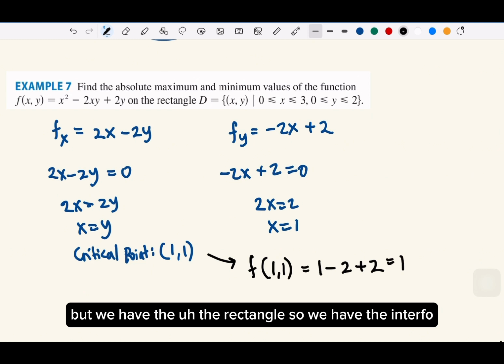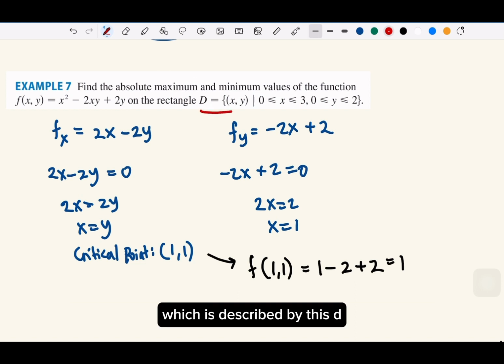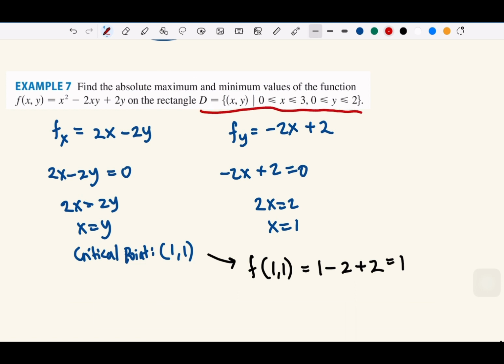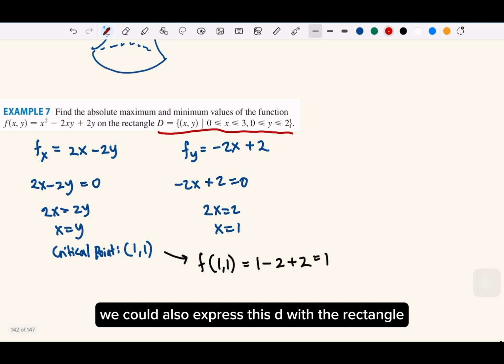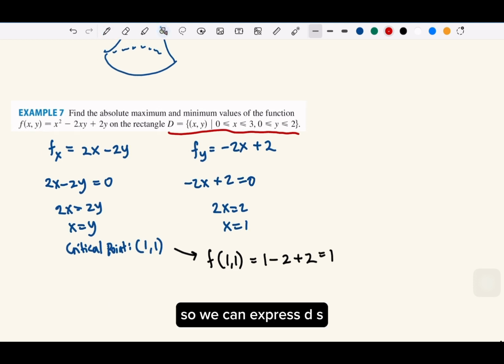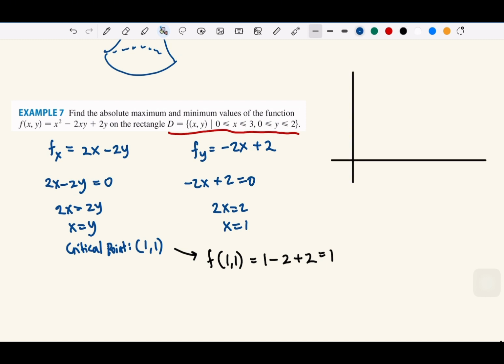But we have the rectangle. So we have the interval, which is described by this D. We can express D as the set of x and y.